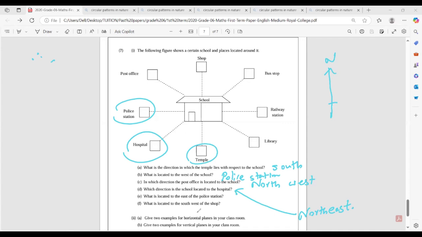What is located to the east of the police station? East of the police station, there are two. That means school and railway station.